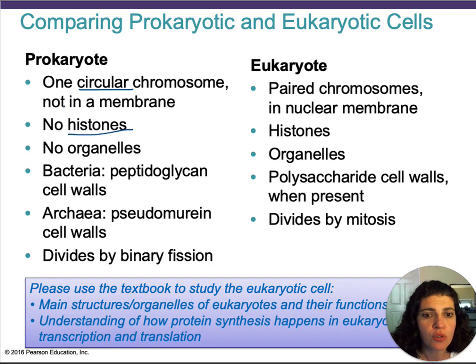Examples: chloroplasts are organelles. So what else? Chloroplasts, mitochondria, all the vesicles like lysosomes, peroxisomes, endoplasmic reticulum, Golgi, all these organelles, the membrane, the nuclear envelope of the nucleus, none of that.